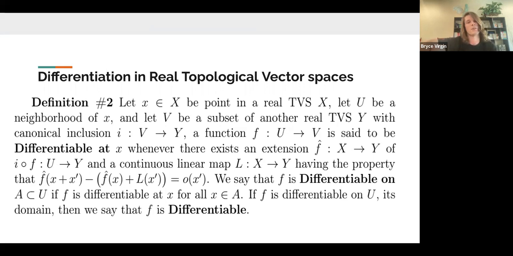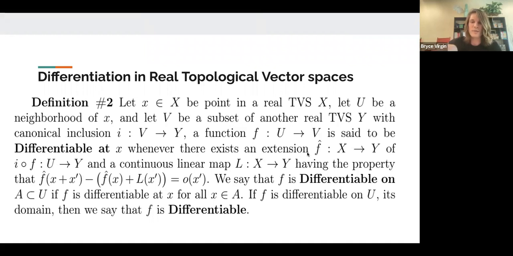All right. So given a point in a real topological vector space and a function from a neighborhood of that point to some other subset of another real topological vector space, we say that that function is differentiable at x when there exists an extension f hat of I circ f, where I is the canonical inclusion of that subset that I mentioned earlier, V, into its parent real topological vector space.